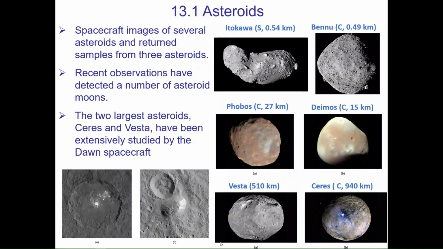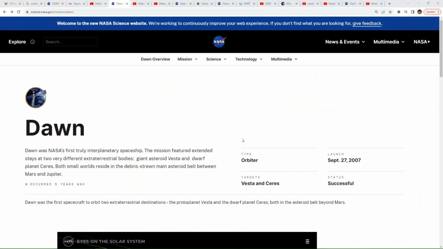If you want to look at more images of these two asteroids, Vesta and Ceres, you can definitely visit a NASA website about the Dawn mission. This mission extensively studied two very different asteroids, Vesta and Ceres.